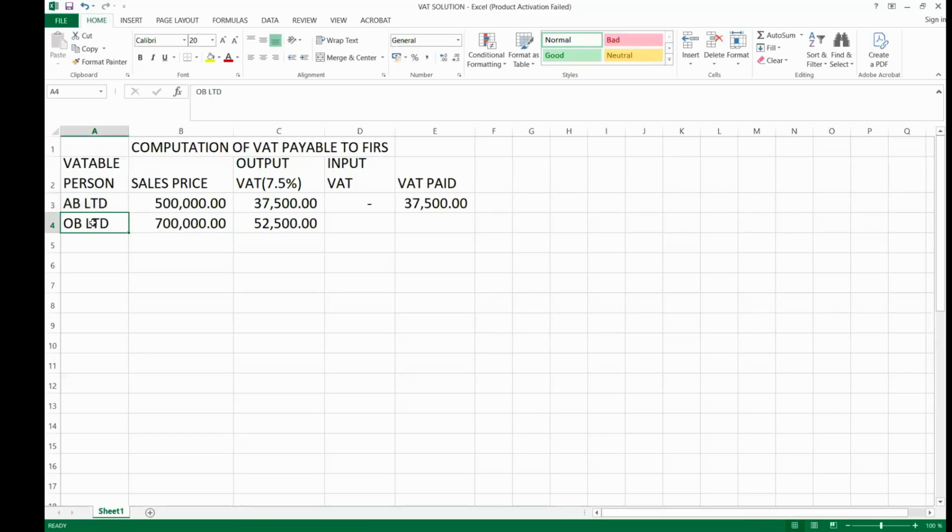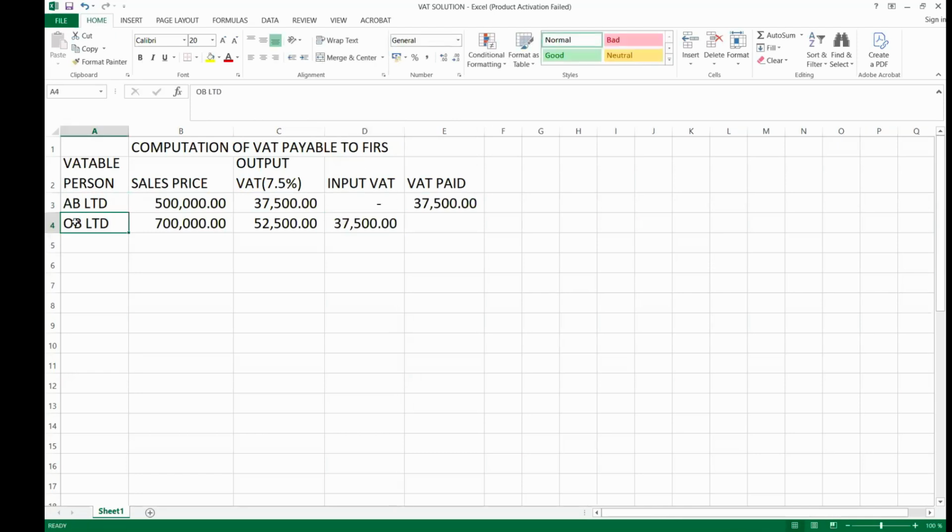OB Limited bought this item from AB, and AB charged OB Limited a VAT of 37,500. This 37,500 is now input VAT to OB Limited, the VAT suffered when they bought that item from AB Limited. VAT payable will be the difference between 52,500 minus 37,500, which gives us 15,000.